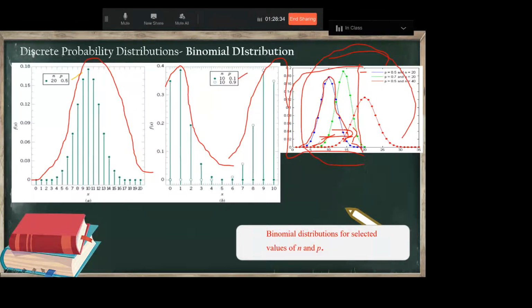It's not skewed, but moved towards the right side, and this one is flatter because here n increases. So it doesn't matter whatever n is, you can easily construct the distribution by graphical representation. Here it's 20 outcomes, here it's 10 outcomes, here it's up to 40 outcomes. So the binomial distribution for selected values of n and p can have these different shapes. Do you understand?